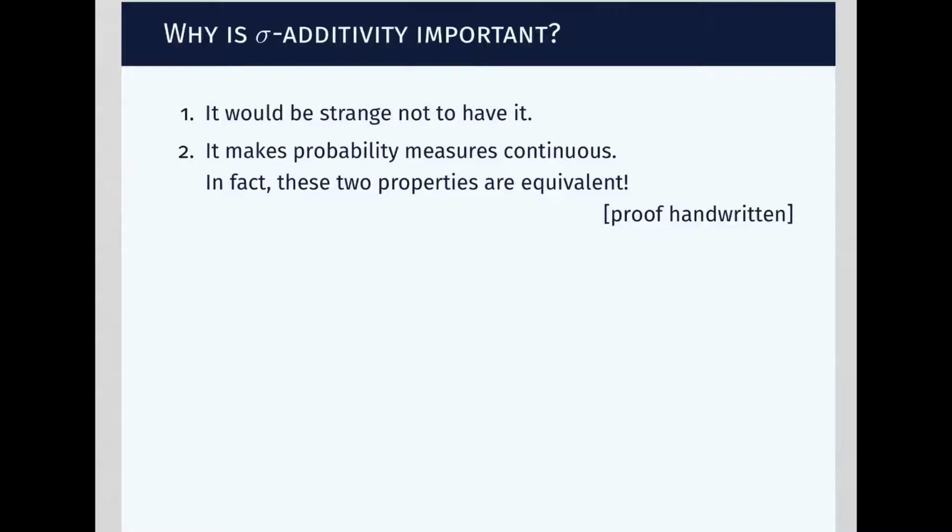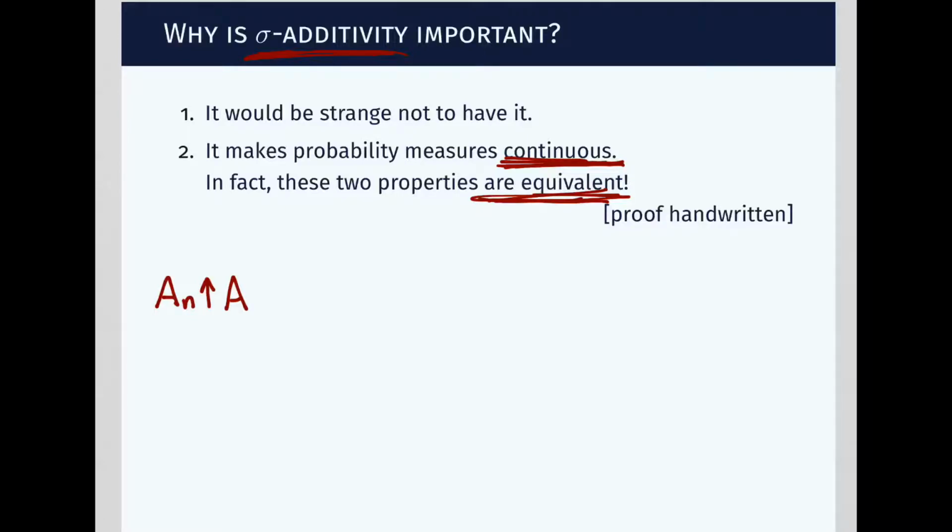In fact, these two properties, being sigma additive and being continuous, are equivalent, given that a probability measure satisfies the other axioms besides sigma additivity. If it satisfies only finite additivity, then being sigma additive will be equivalent to it being continuous. We now go to the proof of this fact.